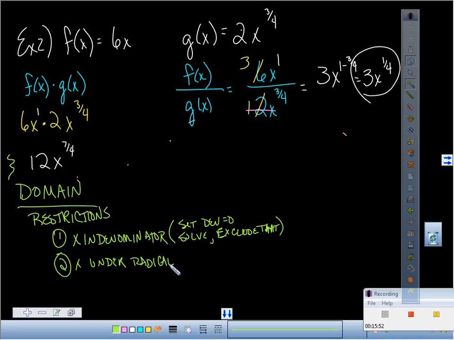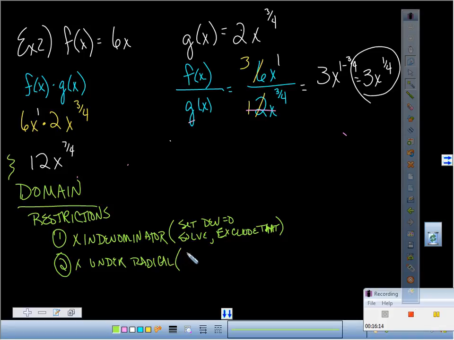An x under the radical. What kind of numbers can't be under the radical? Negative numbers. If you're talking about even roots, odd roots can have any, but even roots can't have negatives because then you would be imaginary numbers, right?